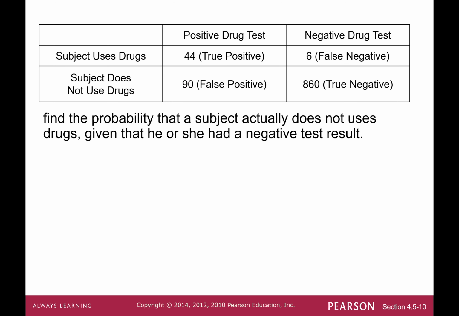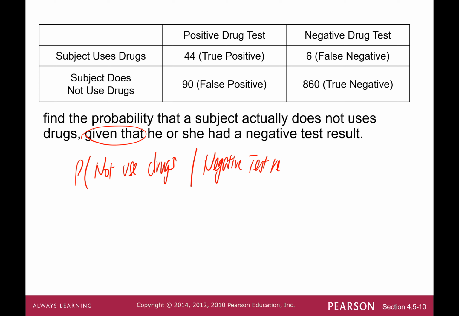Now one more question here, find the probability that a subject actually does not use drugs. Again, this is a given condition. Not use drugs, given, this vertical line indicates a given condition, negative test result. Again, you look into all the negative test results, which is this. The negative test result total here will be 860 plus 6.